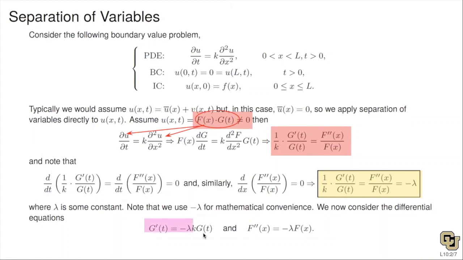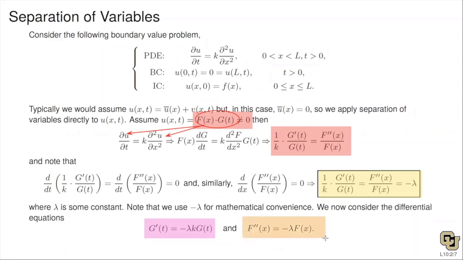One's called the time domain problem, and that's from setting the left-hand side of the equation here to negative lambda and solving. Then we have what's called the boundary value problem, or the x variable problem, or the eigenvalue problem, which is in the x variable right here. So this would be called the boundary value problem.